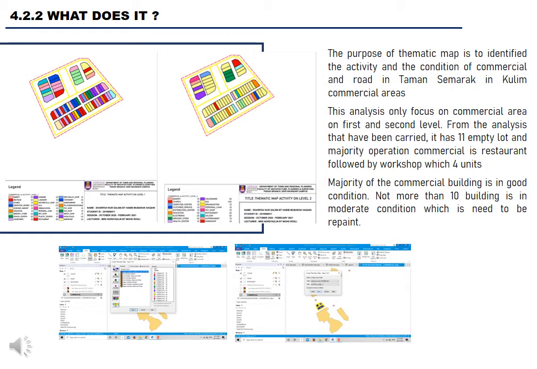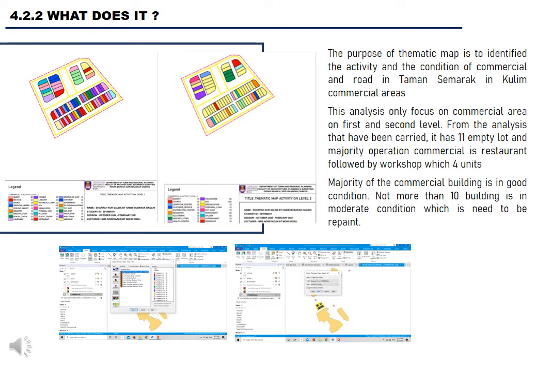This analysis only focused on commercial area on the first and second level. From the analysis that has been carried out, there are 11 empty lots and the majority of operating commercial is restaurant followed by workshop, which is 4 units. And the majority of the commercial buildings are in good condition.